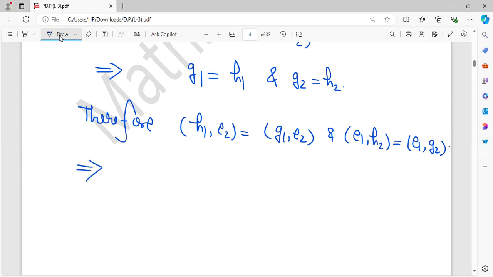So this implies the representation is unique. So the representation is unique.